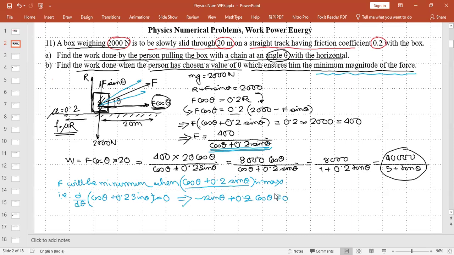So minus sin theta plus 0.2 cos theta equal to 0. If we take sin theta to the right-hand side, 0.2 cos theta equals sin theta. From here we can say tan theta is equal to 0.2. That means the required force will be minimum when theta is such that tan theta is equal to 0.2. Right?